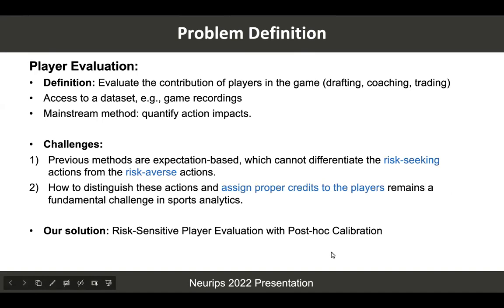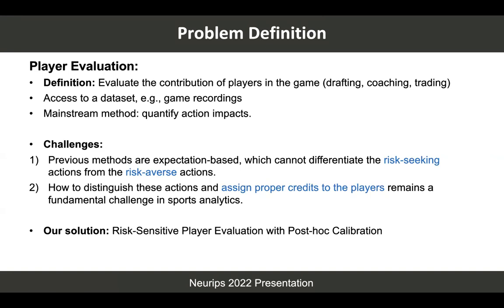Here we still have some challenges, because both supervised learning and traditional reinforcement learning algorithms are expectation-based methods, which means they only learn the expected value of the action impact. So these methods cannot differentiate risk-seeking actions from risk-averse actions.